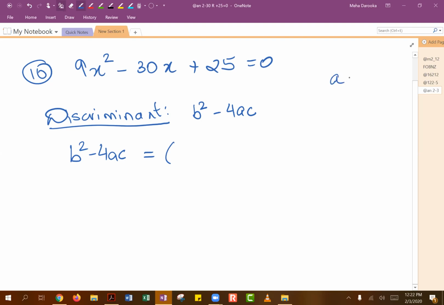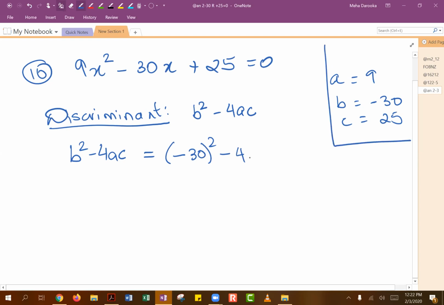Negative 30. So that will be negative 30 squared minus 4 times a is 9, c is 25. What is negative 30 squared?